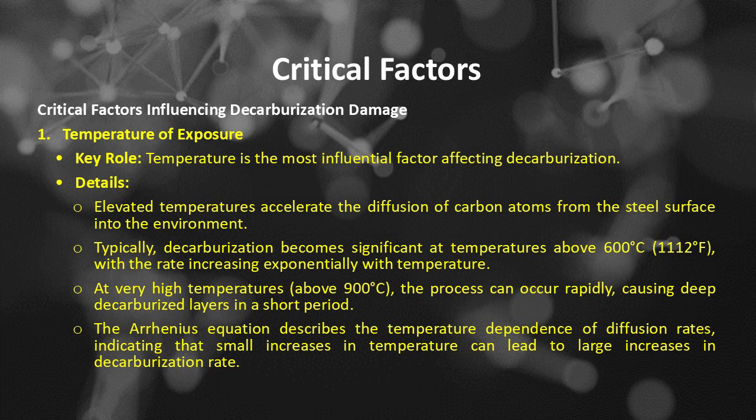At very high temperatures above 900 degrees Celsius, the process can occur rapidly, causing deep decarburized layers in a short period. The Arrhenius equation describes the temperature dependence of diffusion rates, indicating that small increases in temperature can lead to large increases in decarburization rate.